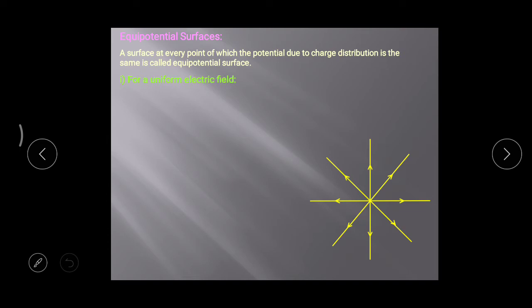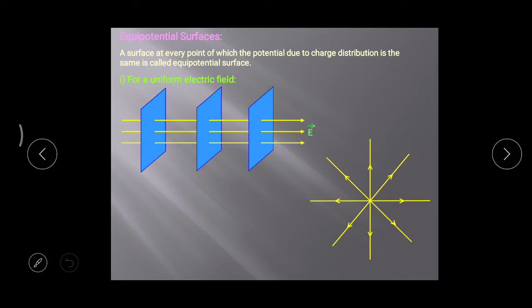Uniform electric field is represented by equidistant parallel lines, and the equipotential surfaces of these lines are the planes perpendicular to the direction of electric field. These surfaces are equally spaced and are represented by V1, V2 and V3. These are always perpendicular to the direction of electric field. This property will be considered in the later section of this lesson.